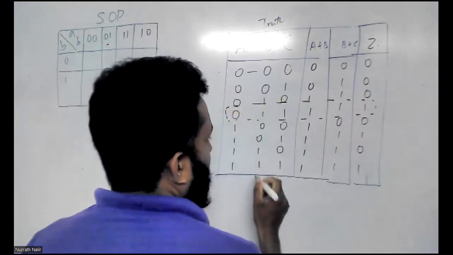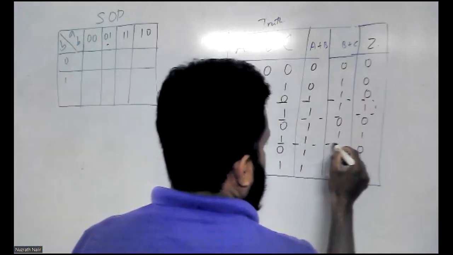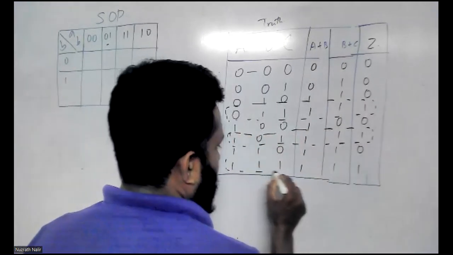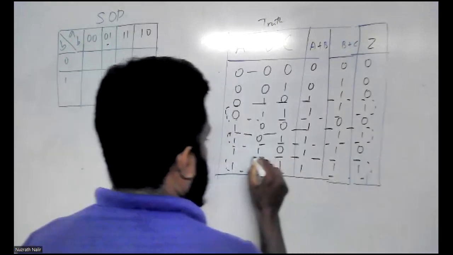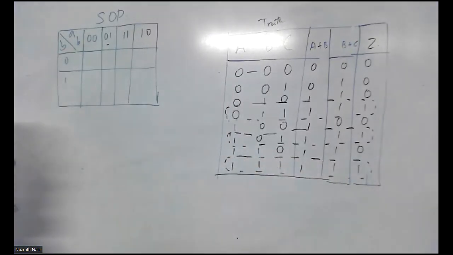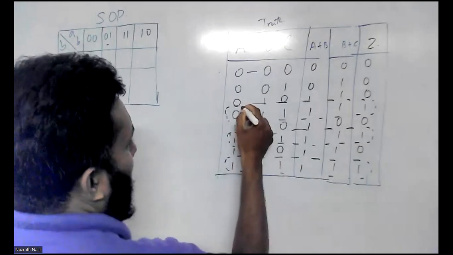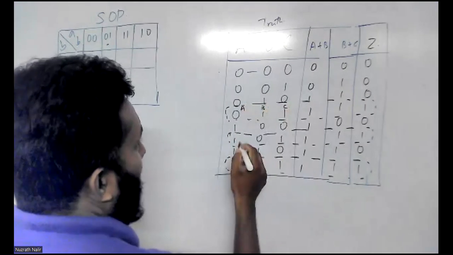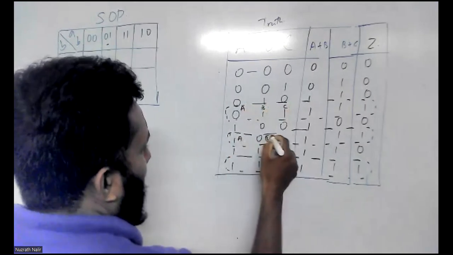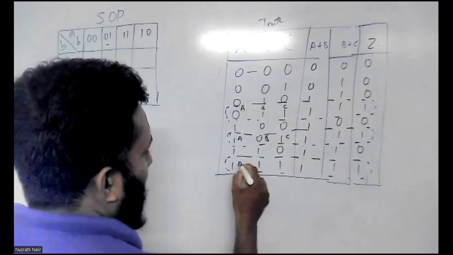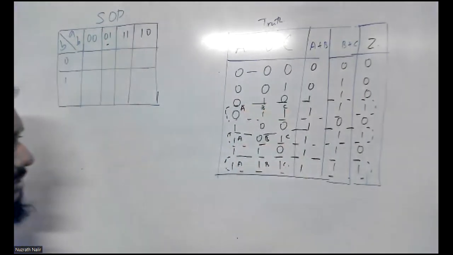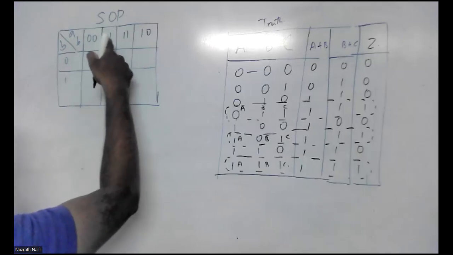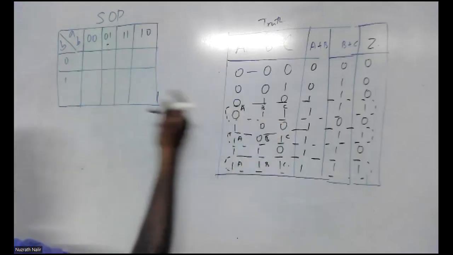For the sub parts, number 1, number 2, number 3: we call them A bar, B and C; A, B bar and C; and A, B, C. These are the combinations. So A is equal to 0, B is equal to 1, and C is equal to 1.